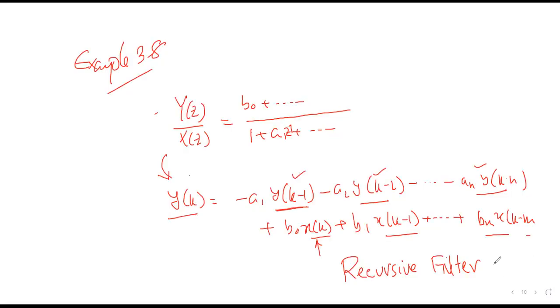In the previous one, as you can see, both A and B are present. Both being present gives you the indication that it is a recursive or infinite impulse response filter. Whereas in the other one, we have only the B term. So Y(z)/X(z) equals b0 plus b1 z inverse, going up to bm z to the power minus m.